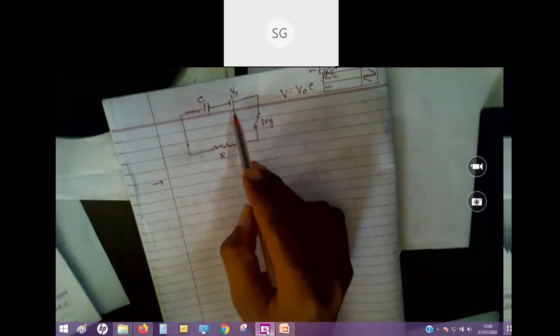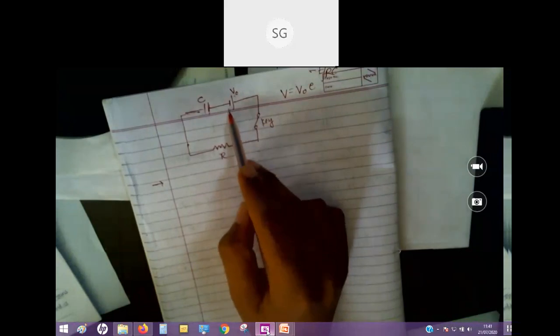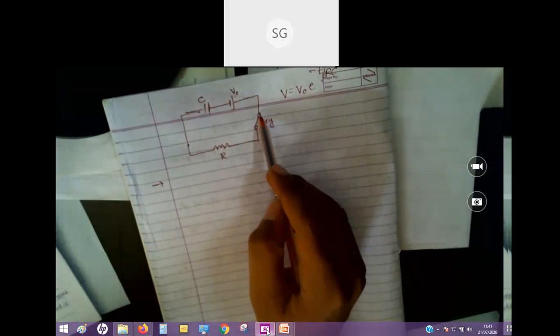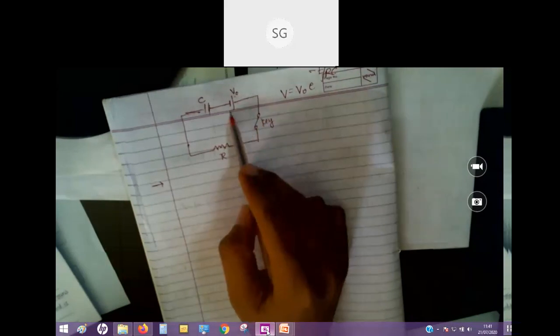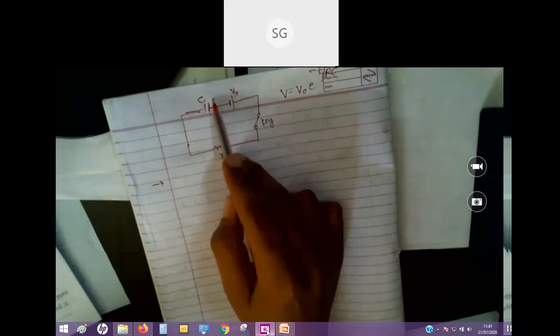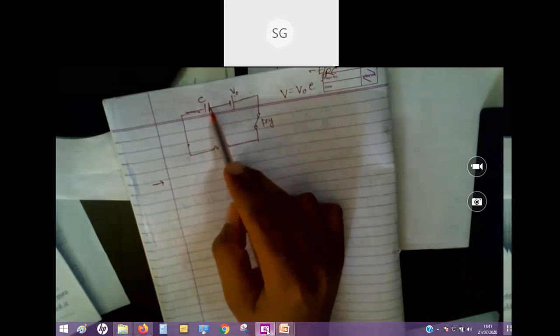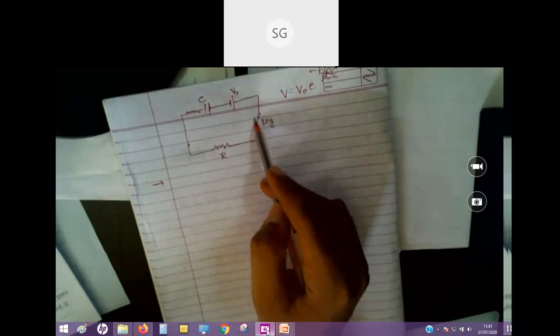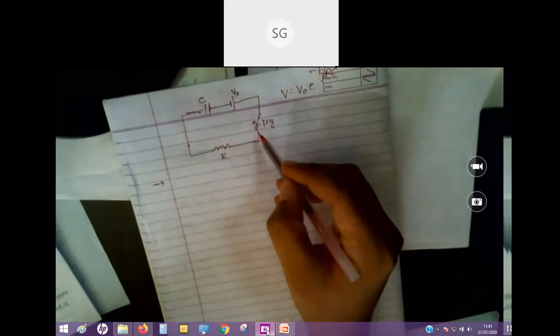In this case, what will happen once this V naught is completely drained out? While the switch was closed, all the energy released by this V naught will be consumed by your capacitor. Once we open this key, the circuit will be disconnected.